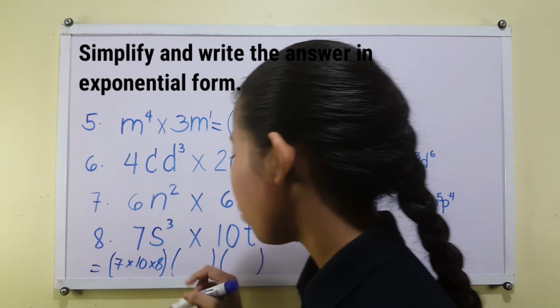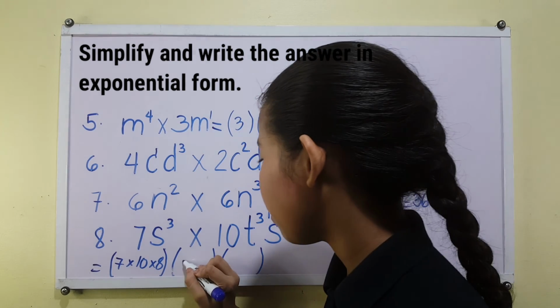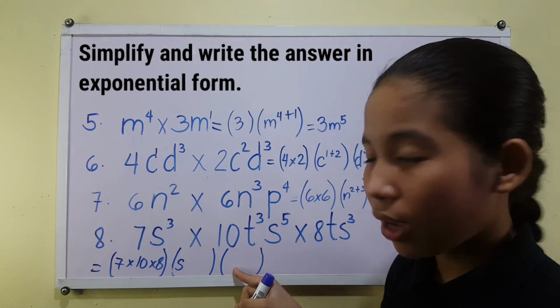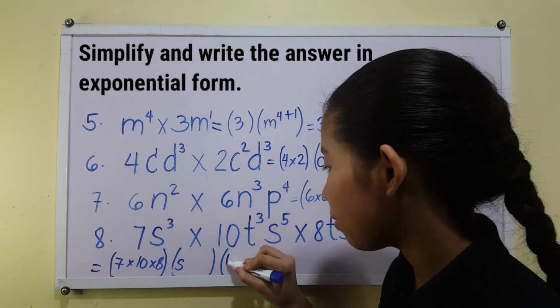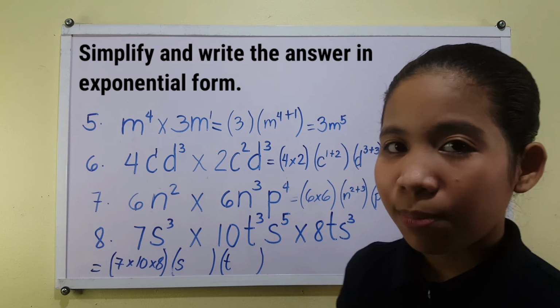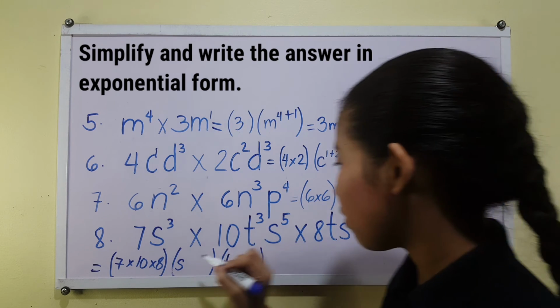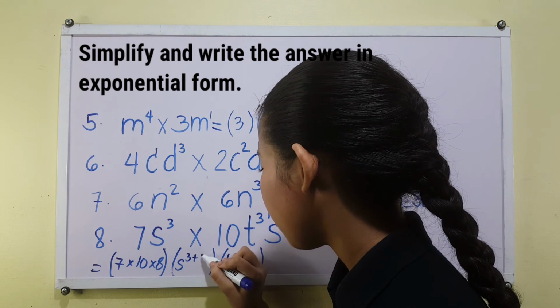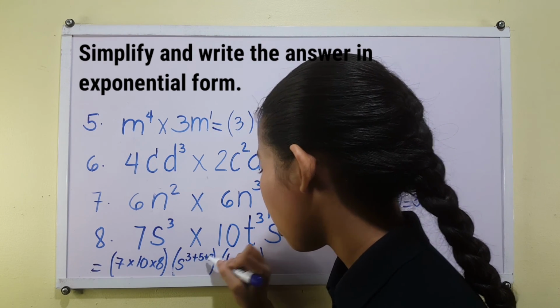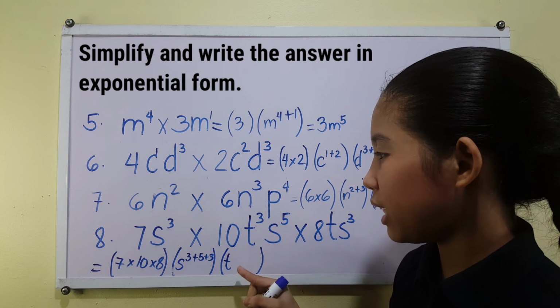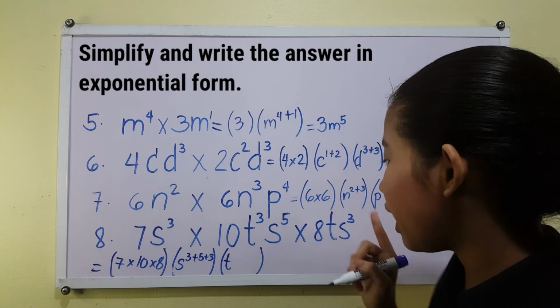For our next group, we have the base s. And for the last group, we have the base t. And the exponent for our base s are 3 plus 5 plus 3. And the exponents for our base t are 3 plus 1.